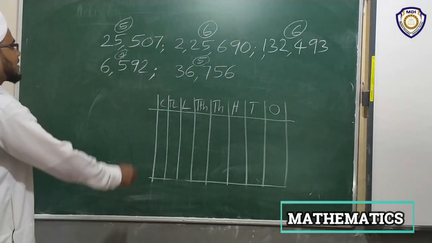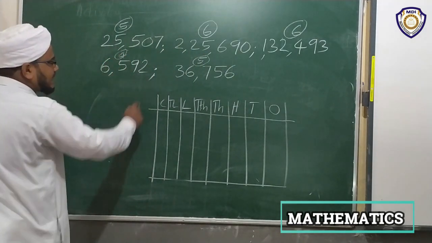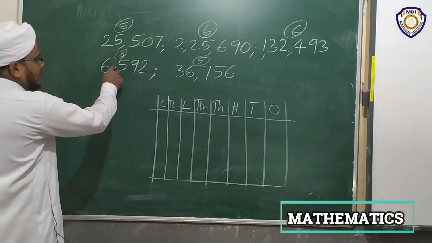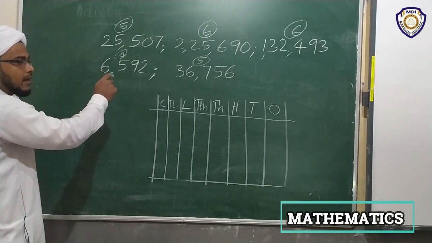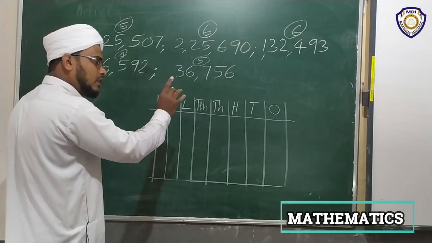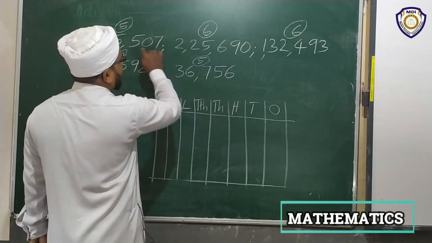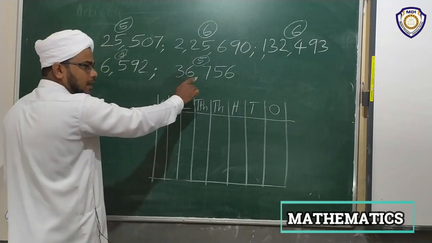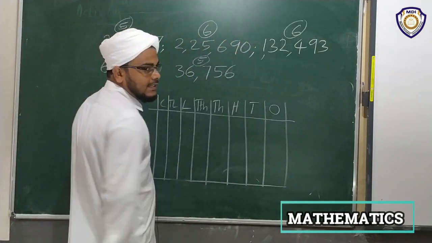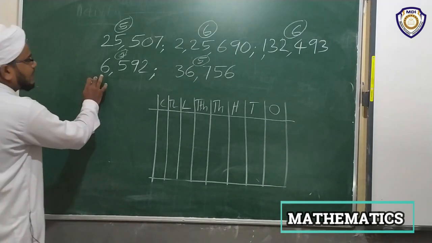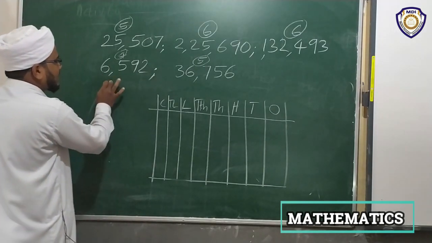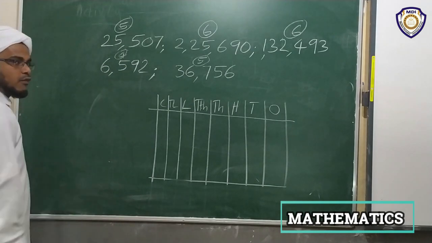Which is the least digits? This is the least because there are only 4 digits. The other numbers have 5 digits and 6 digits. So you have to take this number first because it contains only 4 digits.